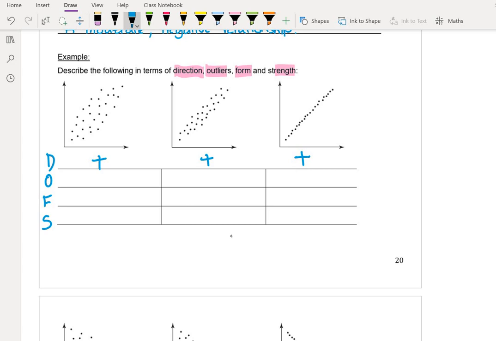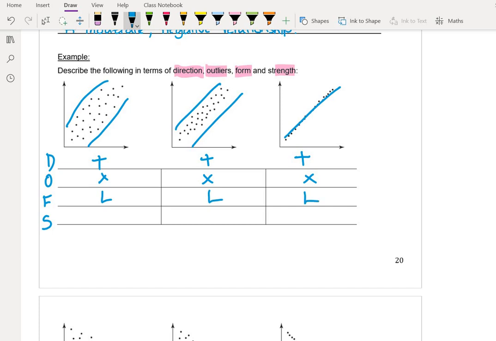Outliers, not as obvious, but I think in these three cases it is obvious there are no clear outliers, so let's write X for not having any. And for the form, they all seem linear. You can see they're all straight lines. So linear, linear, linear.